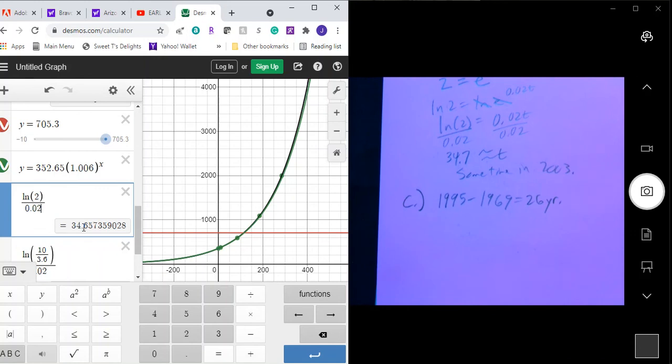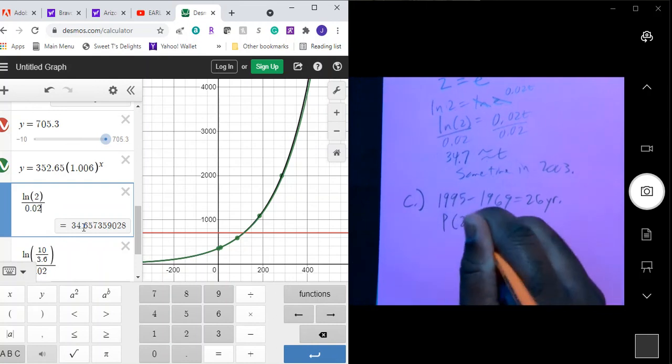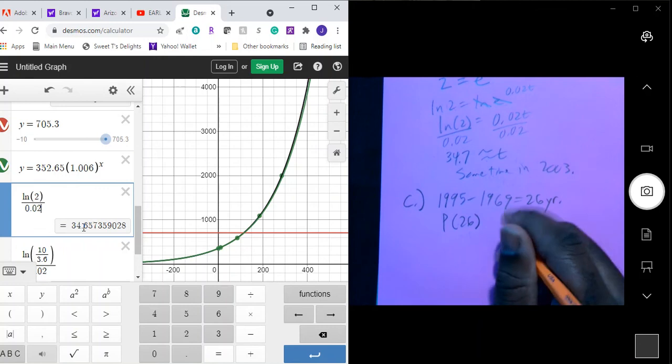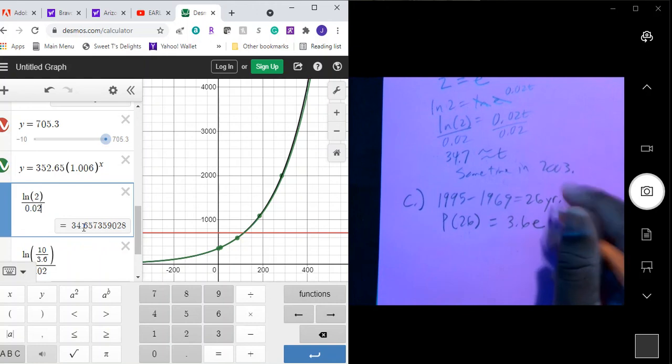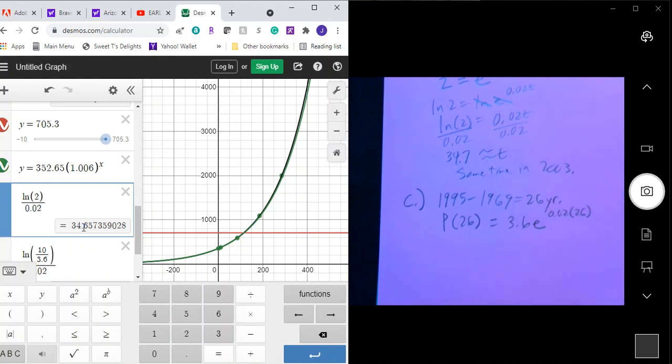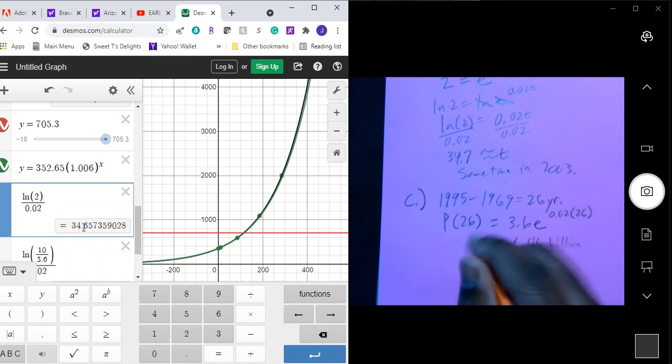So we're dealing with t being 26. So the population 26 years later from 1969 is equal to 3.6 times e to the 0.02 times 26. When you put this in your calculator, you'll get 6.06, and this will be in billions.